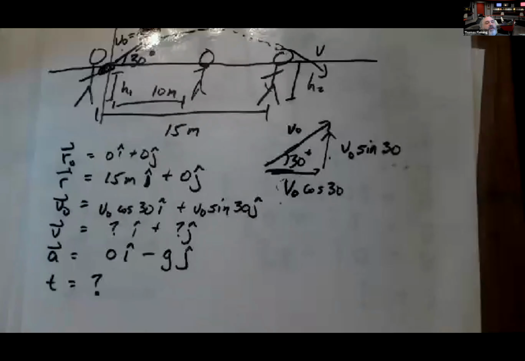I'll get one equation from the X direction and another from the Y direction. They'll both have t's in them, so I won't be able to solve them outright. But if I use one of those equations to eliminate t from the other equation, then I should be able to solve. Let's see how it works.